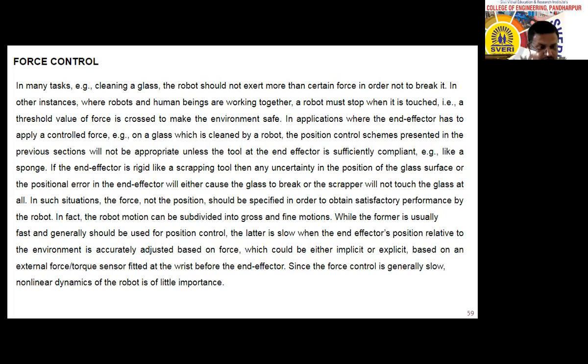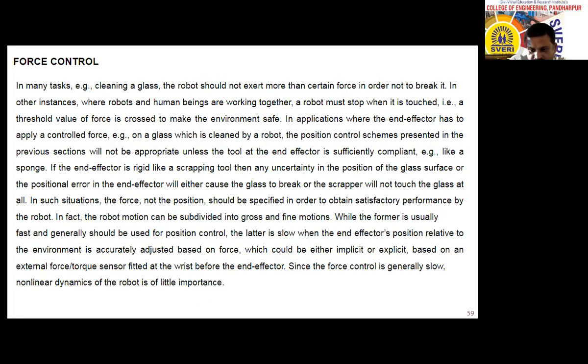While the former is usually fast and generally should be used for position control, the latter is slow, when the end effector's position relative to the environment is accurately adjusted based on force, which could be either implicit or explicit, based on an external force or torque sensor fitted at the wrist before the end effector.